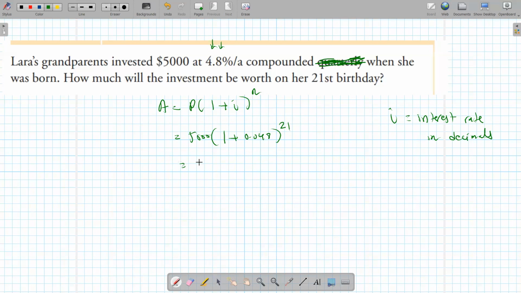Let's do this step by step. So 5,000 times 1.048 to the power of 21. You've got to do BEDMAS. So first do the exponent, and whatever you get, multiply that with 5,000.